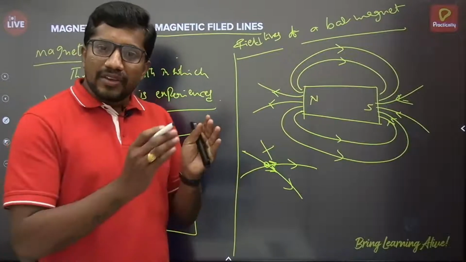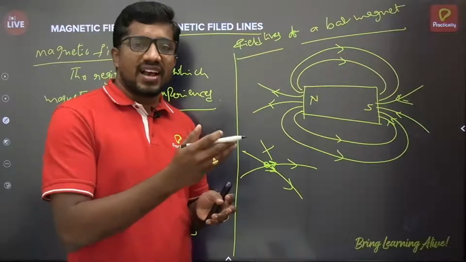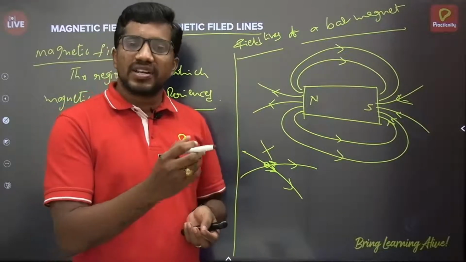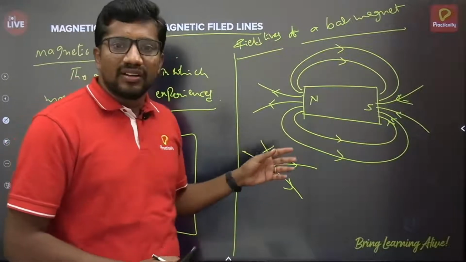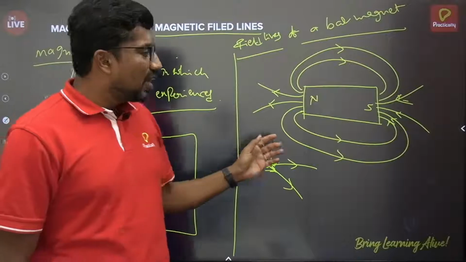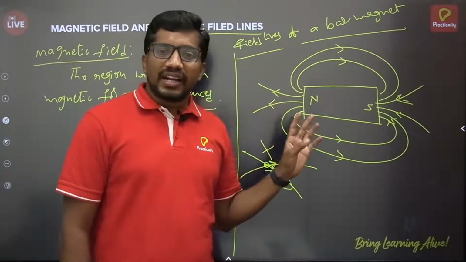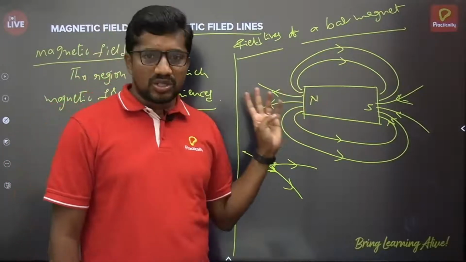If the magnetic field lines are closer together, then the field strength is high. If the magnetic field lines are far away from each other, then the field strength is low. So these are the points you have to write under the properties of the field lines of a bar magnet. Point number 1, magnetic field lines are continuous and closed loops.